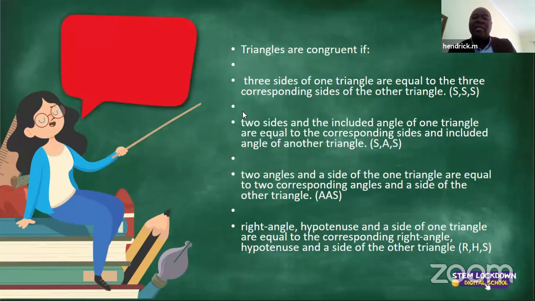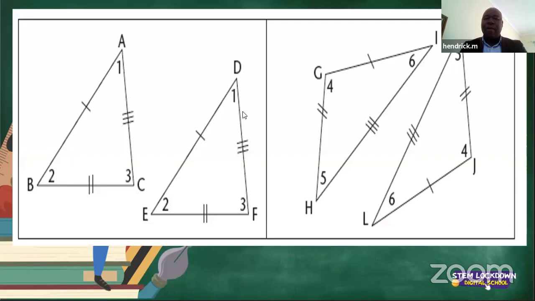The first condition is that the three sides of one triangle must be equal to the corresponding sides of the other triangle. That is the example that I've just given you, where I showed you that the three sides of the first triangle are equal to the corresponding three sides of the other triangle.